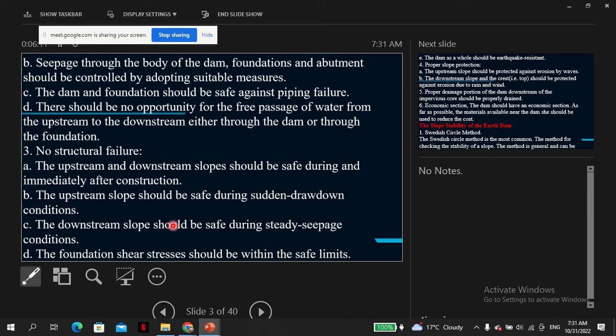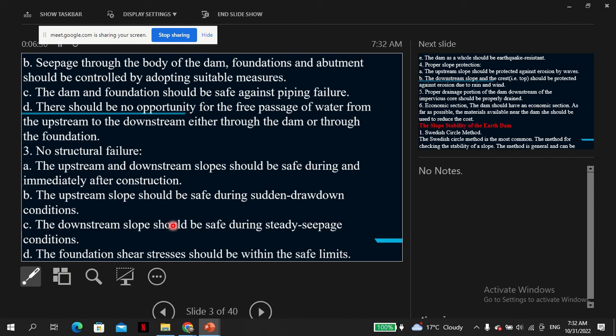There should also be no structural failure, of course. The upstream and downstream slopes should be safe during and immediately after construction, and even after the construction.